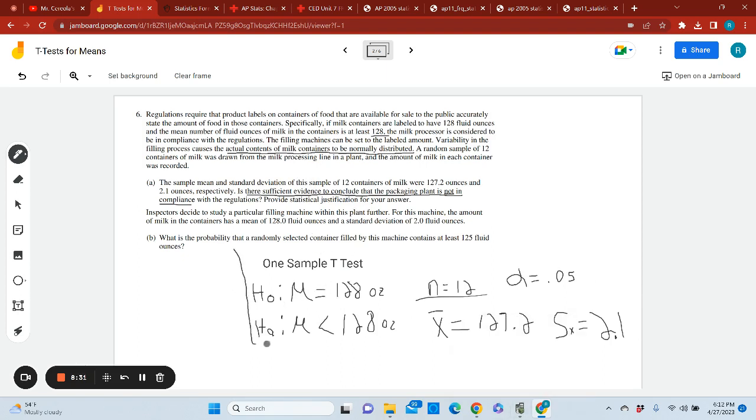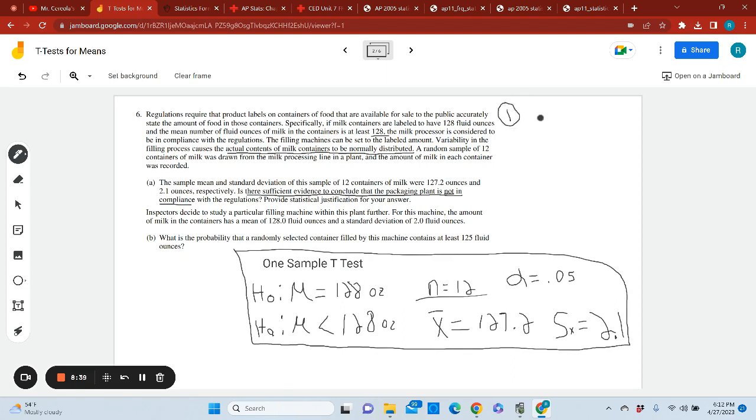Okay, so now I guess we can go on ahead and we can check our conditions, right? This is all the setup. This is some of the important stuff, and we can check some conditions. No matter what kind of inference you're doing, one of the conditions is always, do we have a random sample? All right, so again, I've stated the procedure. I've laid out my hypotheses.